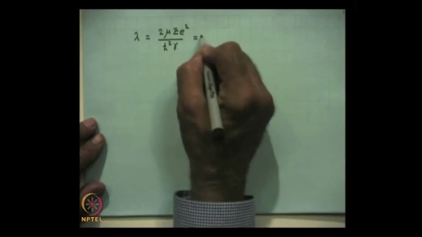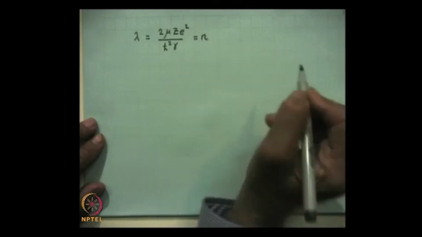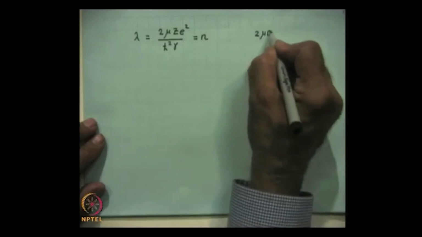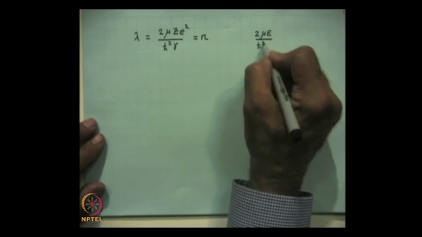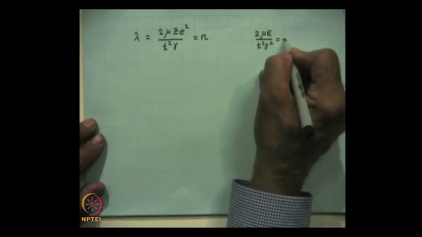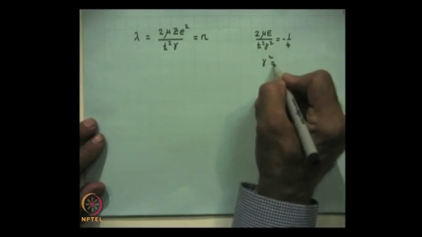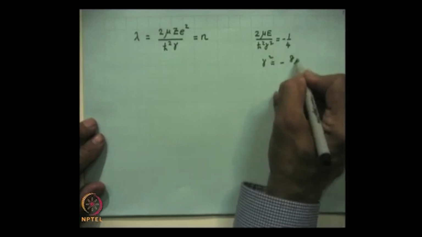This must be equal to n, and 2 mu E by h cross square gamma square we had put equal to minus 1 by 4. So, gamma square was equal to minus 8 mu E by h cross square.